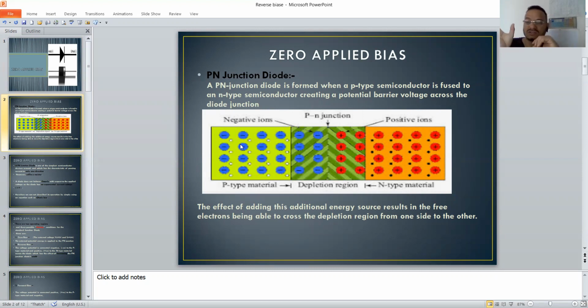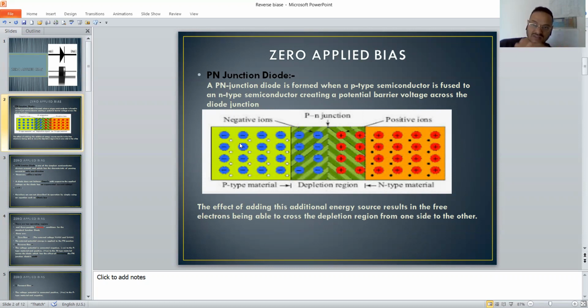That means on one side we generated one kind of carrier: in the n-type, many electrons, and on the other side, the p-type, many holes. And we know the feature of semiconductors: we can generate two charge carriers, electrons and holes.